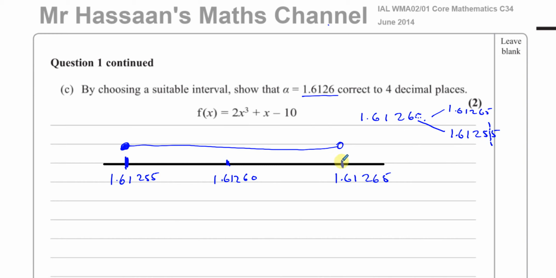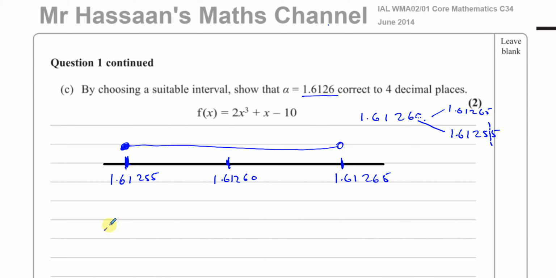When you round something which is just below this value, it's going to round to 1.6126. So if the root lies anywhere between these two values, when you round it, it will round to this number to 4 decimal places.